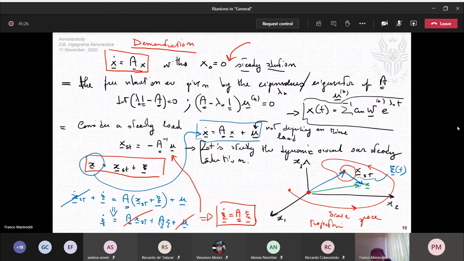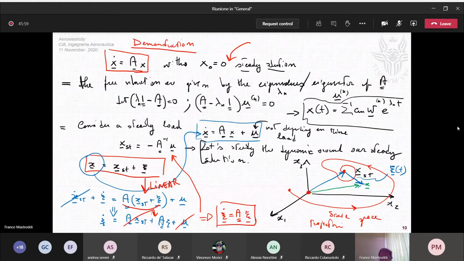So, ladies and gentlemen, from now on, I hope you are convinced of this fact, because this is one of the mysteries for students. The steady solution doesn't, in a linear system, here, linear, we applied the concept of linear operator A. In the linear system, the vibration, the dynamics around any steady solution is actually the same.